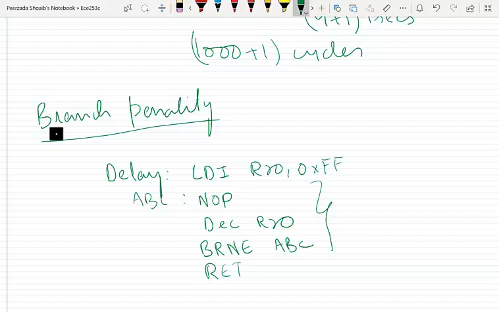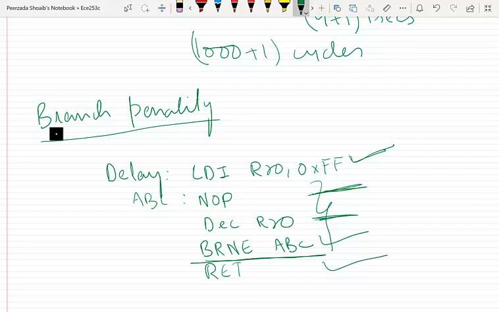Since we are using pipelining, what will happen when this instruction is fetched? When this instruction is executed, this will be fetched. When this instruction is executed, the next instruction will be fetched. And when this branch instruction is executed, the next instruction will be fetched.